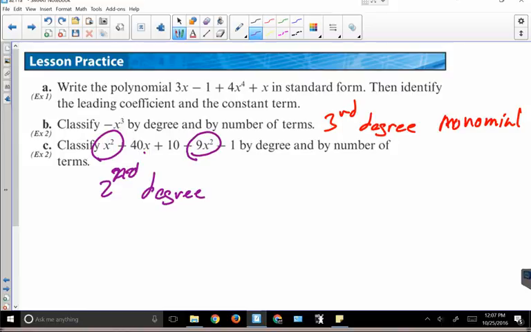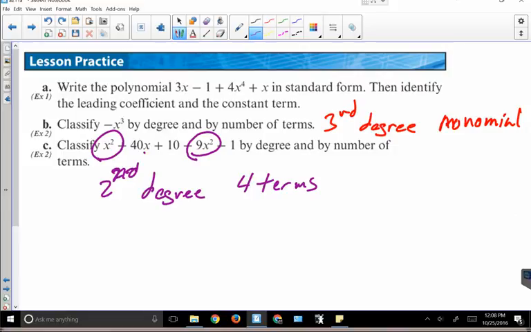So those two x squared terms could be added together and we would end up with 4 terms. I would just say 4 terms by the number of terms. You don't have to worry about the word.